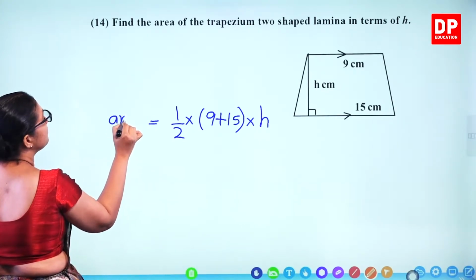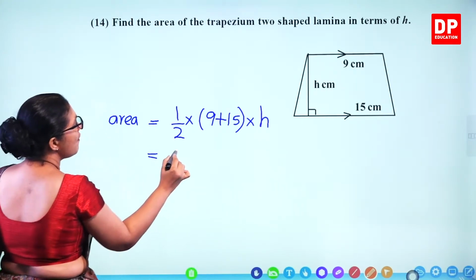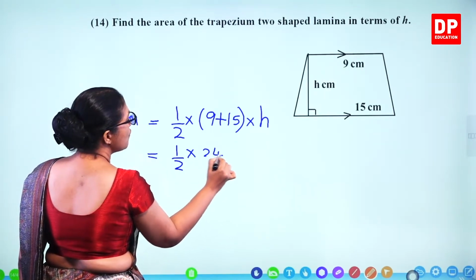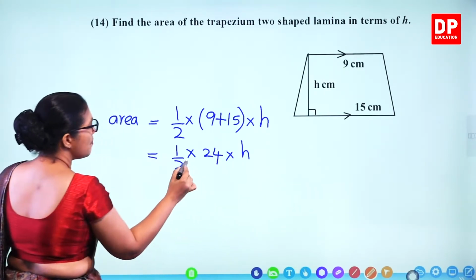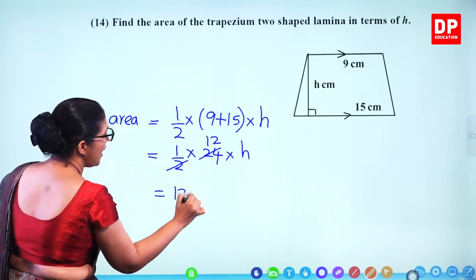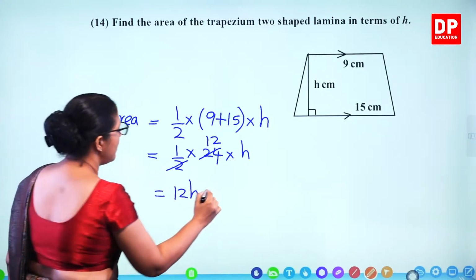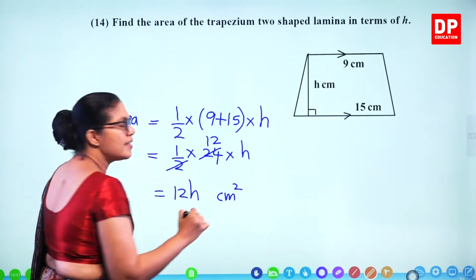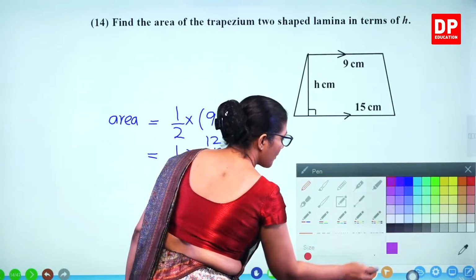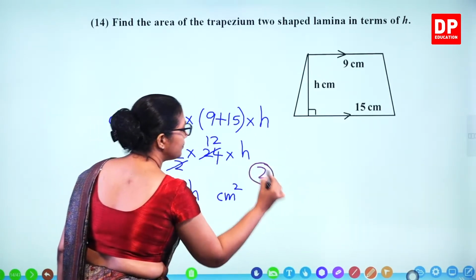That's the area. Now simplify. Half, 9 plus 15, 24 into H. Simplify 2 with this, 12. You get 12H square centimeters. 2 marks for that.